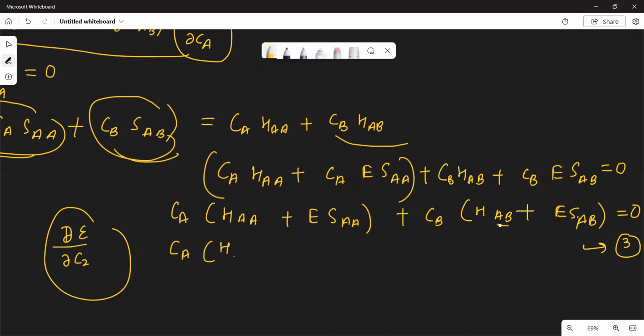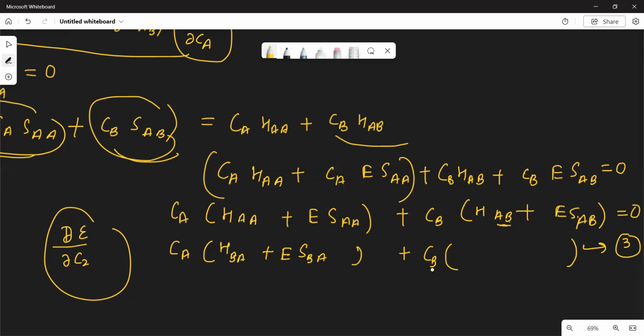here we have AB. Now what will happen in the equation? The coefficients of CA and CB will be interchanged. That is the difference. So here, this is AB, and here we will write BA: HBA plus E into SBA.